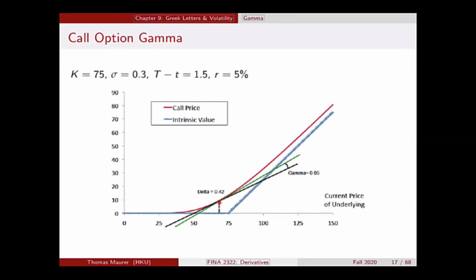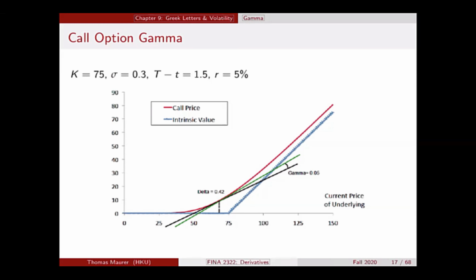Now, if the price of the underlying changes, let's suppose it increases a little bit, we know that because the slope of the red line is exactly the slope of that black linear line, which is this replicating portfolio, all the gains in the call option are going to exactly cancel out with the losses from short selling that replicating portfolio of delta stocks and B bonds, again captured by this linear black line.